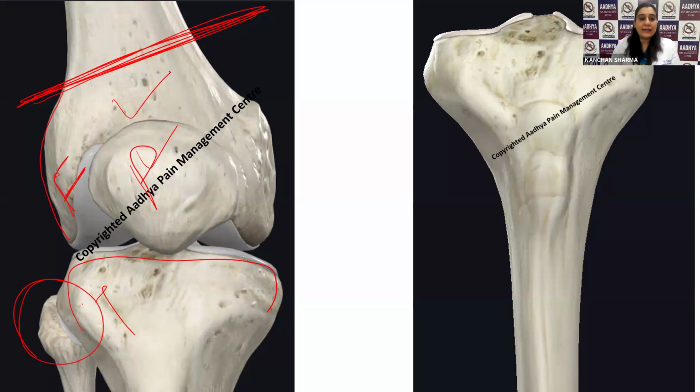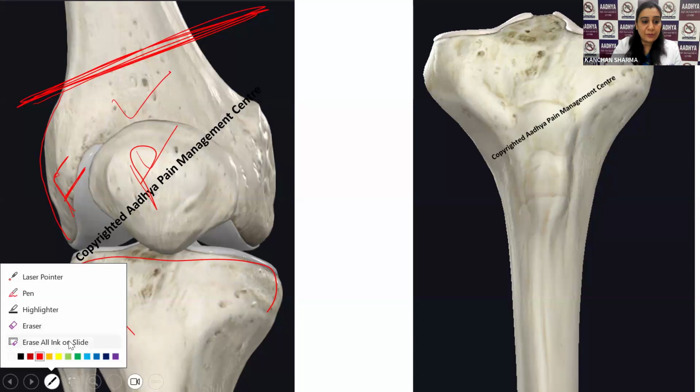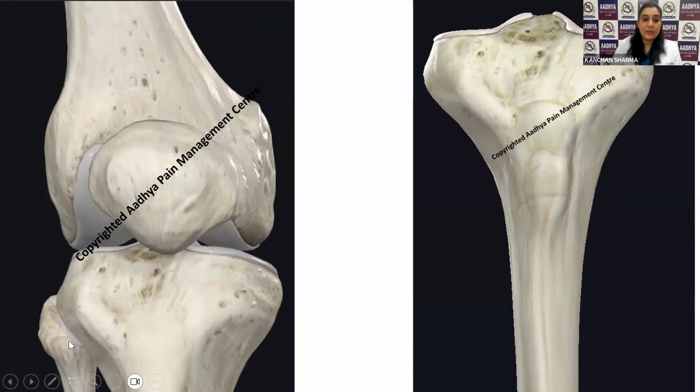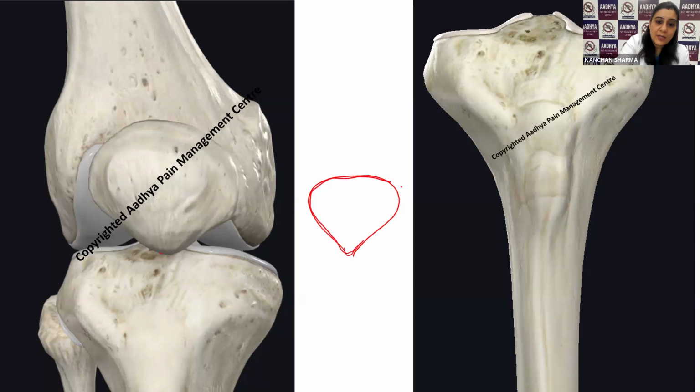Then when you look at the surface of the patella, you are supposed to remember a few things because they are very important. How is the shape of the patella? It is something like how our bladder is in our body, right? This will be the base of the patella, and this pointed one is the apex of the patella.